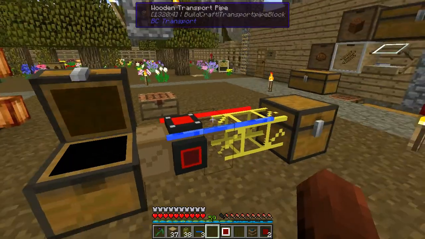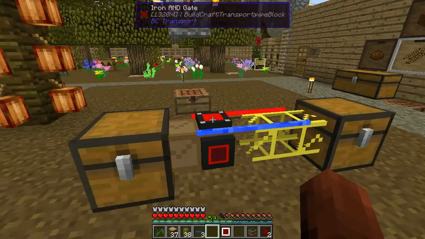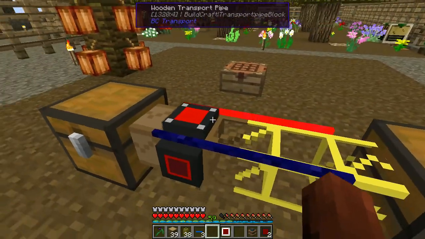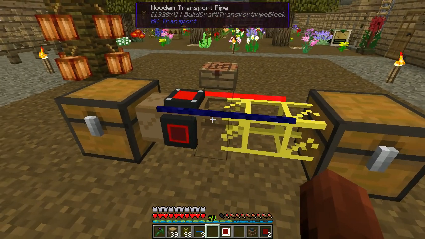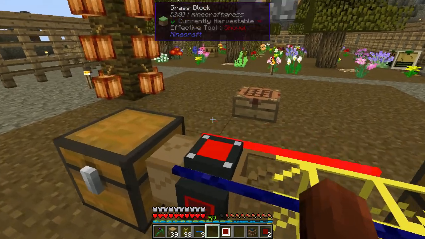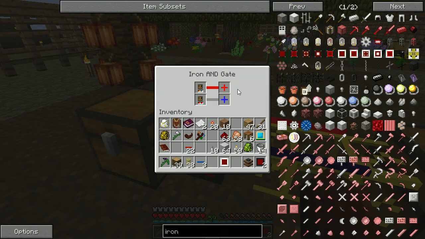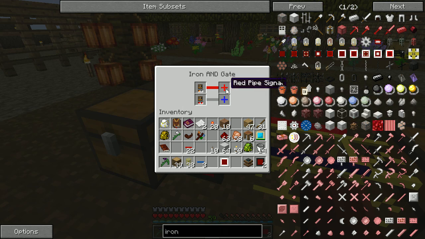So as you can see now, both of these are met. We do have items in the inventory and the inventory is full. If we were to take out some, you'll see that, well, this isn't a very good way of explaining it because it's not a true AND gate because it doesn't require this and this to output the signal, I don't believe.